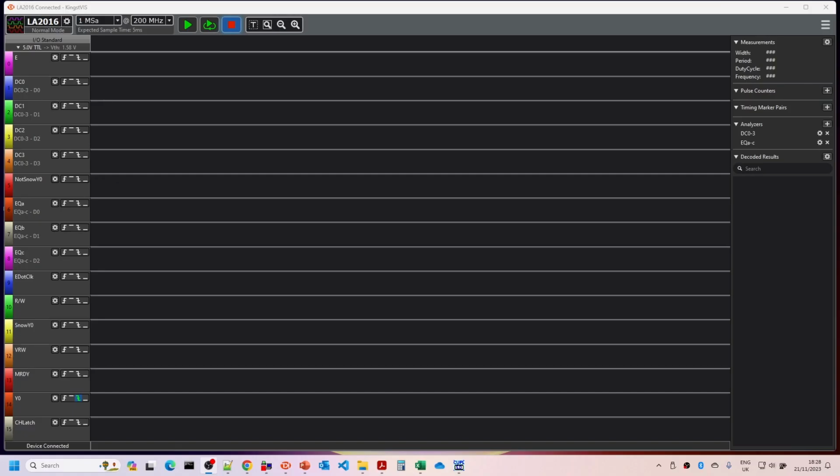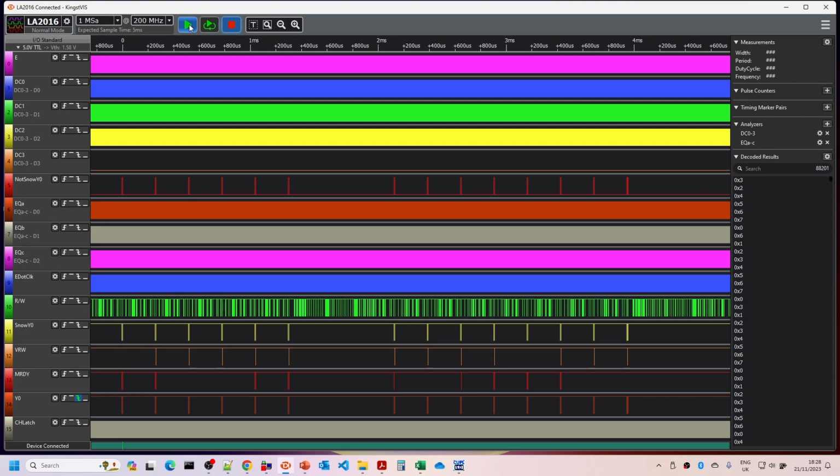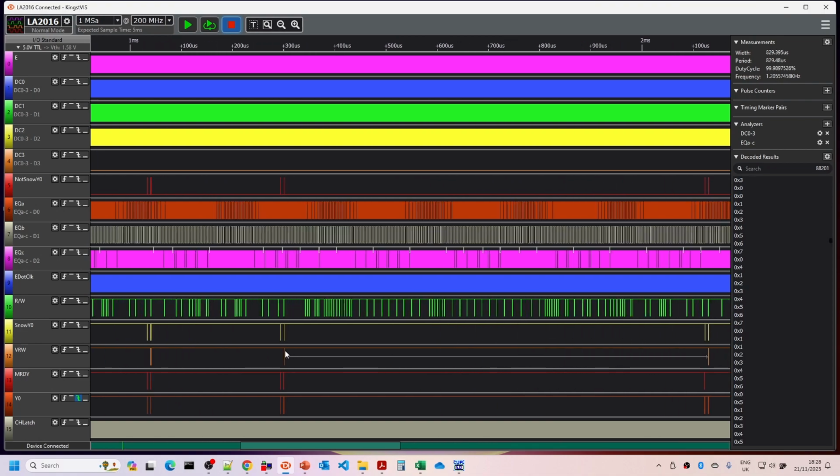So I'm just going to run the logic analyzer and capture the data. We don't need very much. So if I just go through and explain what we've got here, let's zoom in on one particular part of the signals.